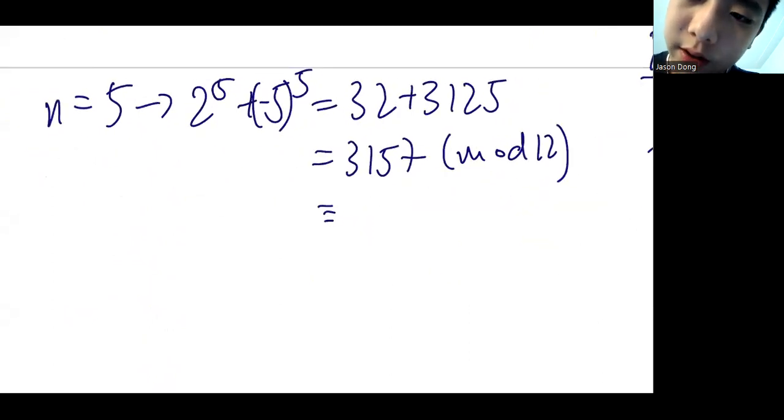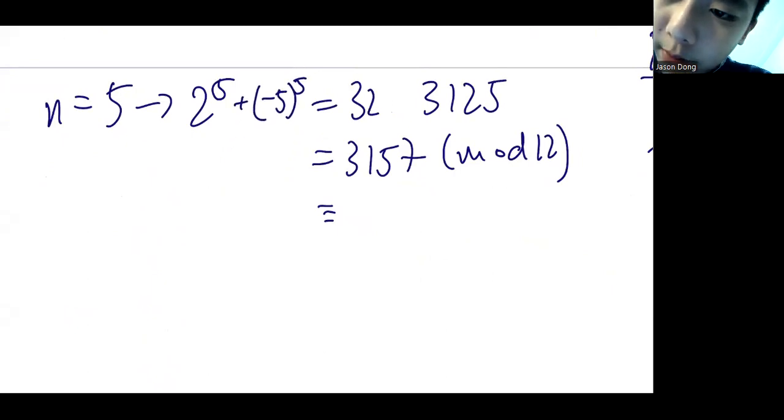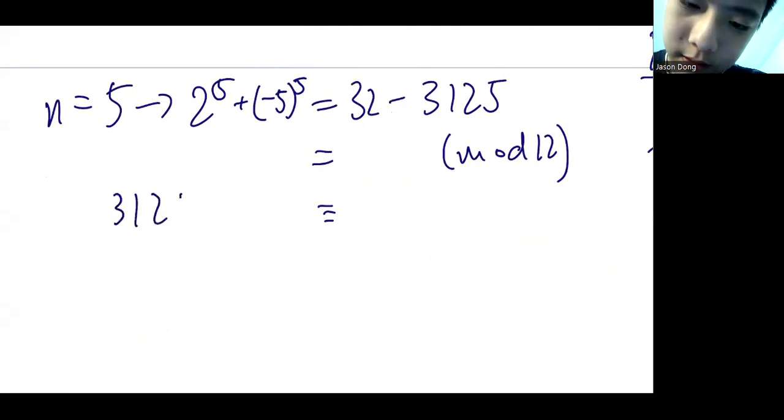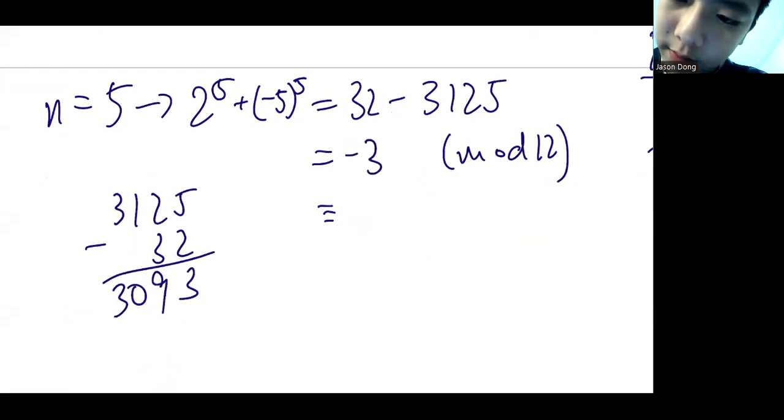So we're having minus 5 to the 5 here. That's not correct. That'll be minus, and that's not good. Subtraction, that'll be 9. We're having minus 3097 mod 12.